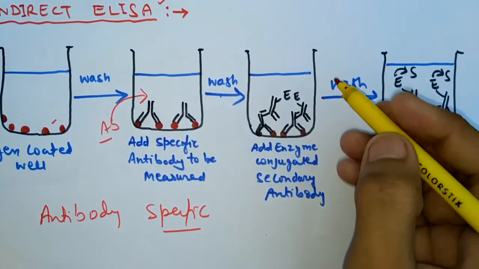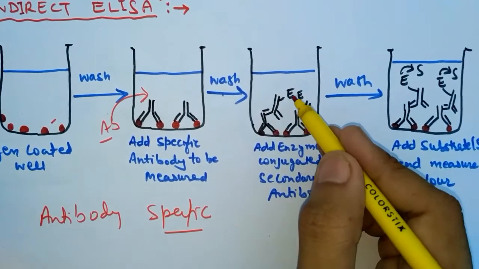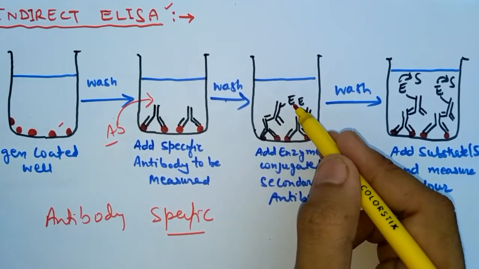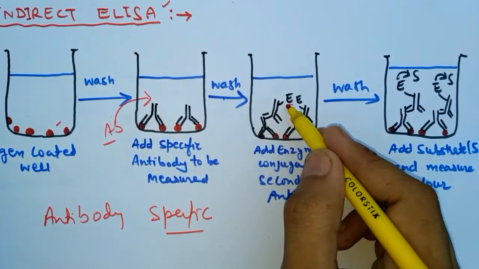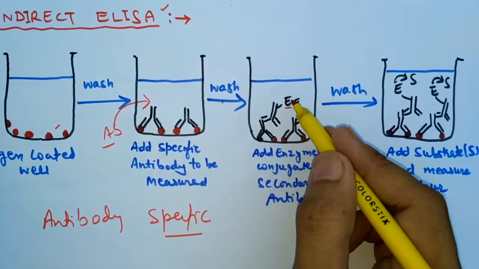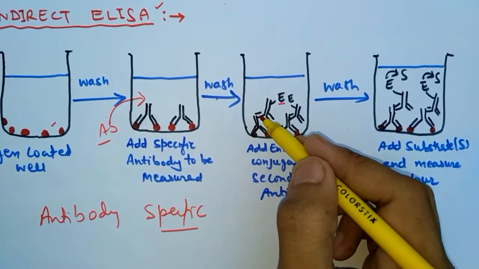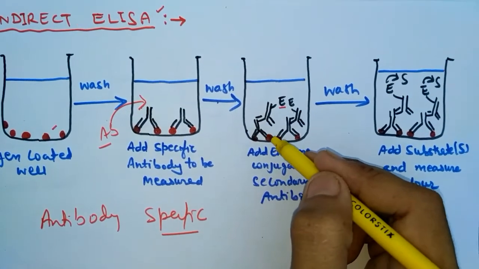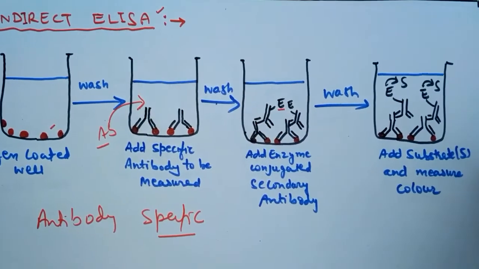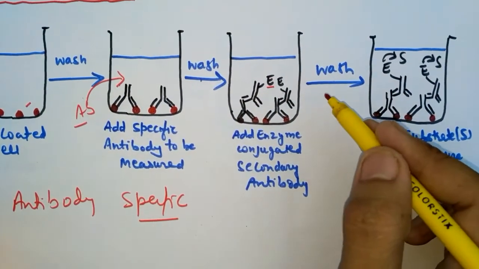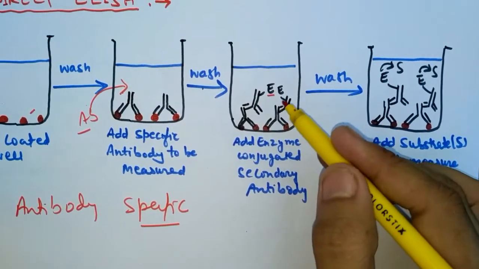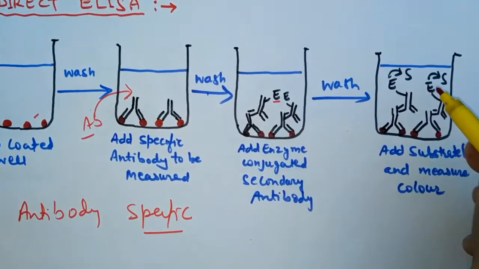Then we add secondary antibody. They are enzyme linked. In the Fc region of the secondary antibody, the enzyme is linked, and the secondary antibody fuses with the primary antigen and antibody complex. Then we again wash out the unbound secondary antibody.